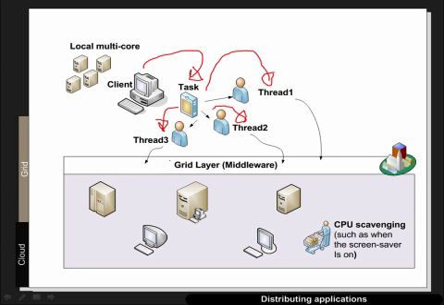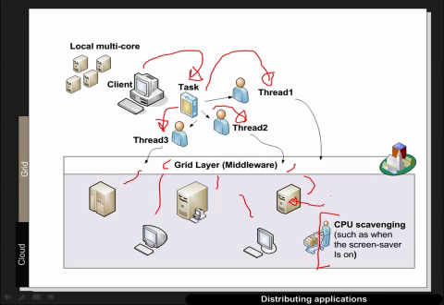Then we can have a grid layer, which is our middleware, and our middleware will bring together a number of machines across the internet. So typically what happens is that we use CPU scavenging. If a machine isn't actually being used at the current time by the user, then it is possible to use its CPU.